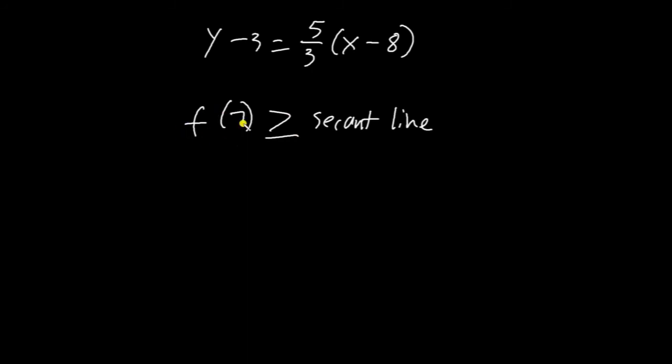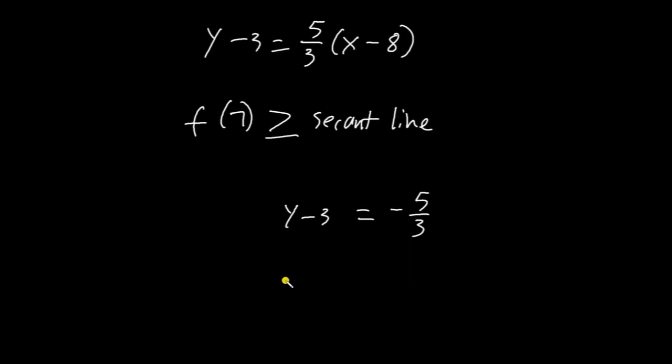Alright, so we're going to plug in 7 into here. We'll get 7 minus 8, which is negative 1, times 5/3, so we'll get y minus 3 equals negative 5/3.